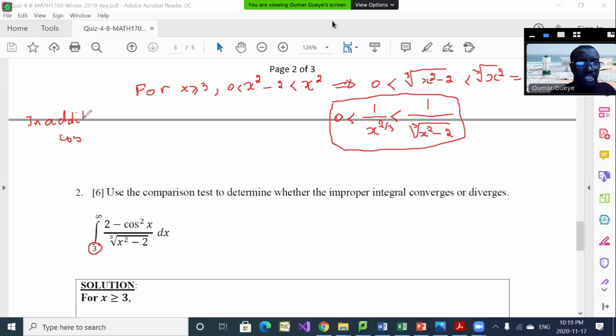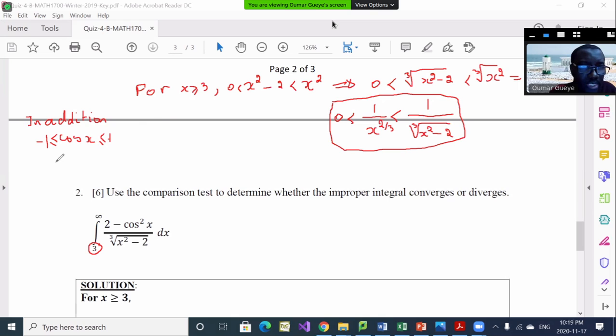I know cosine x is between, what do you guys think? Cosine x is, no matter what x is, always between -1 and 1, right? For all x, in particular for x greater than 3.